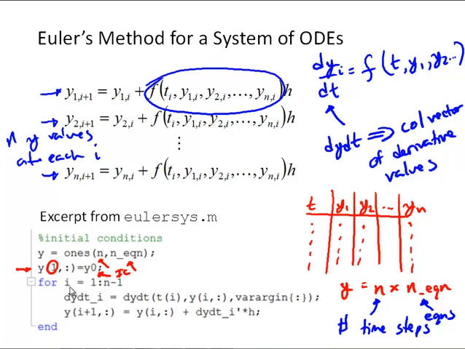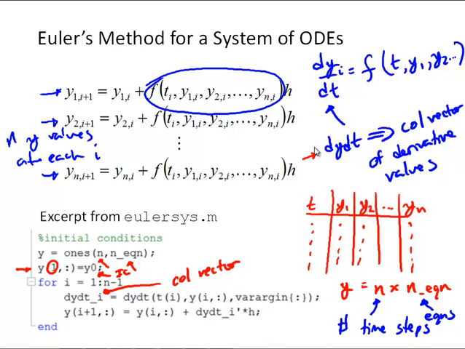Just like before, we have for i equal 1 to n minus 1. Now the difference here is at each time step we'll calculate dydt, but this dydt that we calculate from y is going to be a column vector because that's how we wrote our dydt function up here.